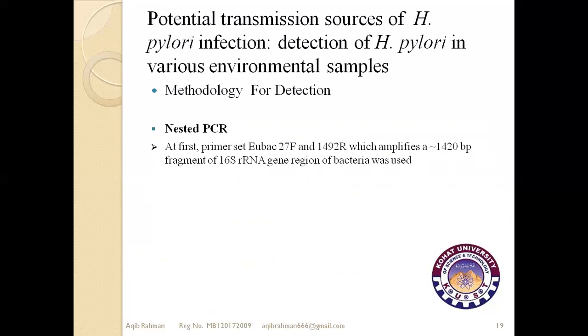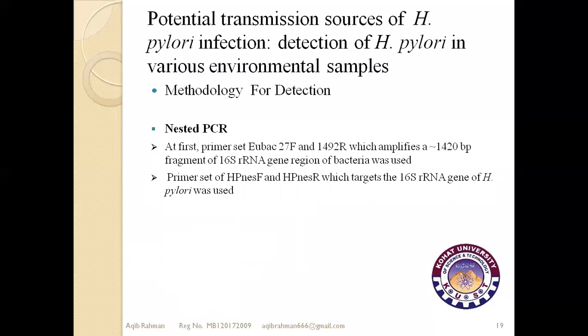In nested PCR, at first the primer set EUBAC27F and 1492R, which amplifies an approximately 1420 base pair fragment of the 16S rRNA gene region of bacteria, was used.